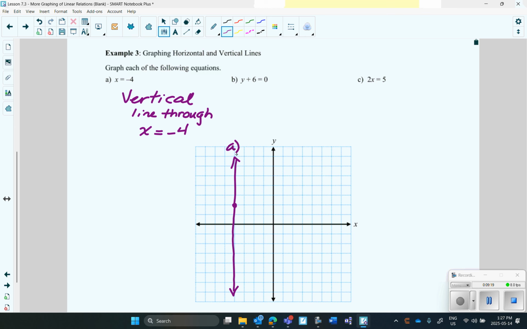This is A. What do you think you have to do first to this? You have to get y by itself. That's what you're solving for, y. So you get y equals -6. Horizontal or vertical? Horizontal.